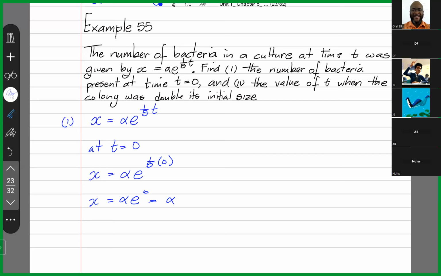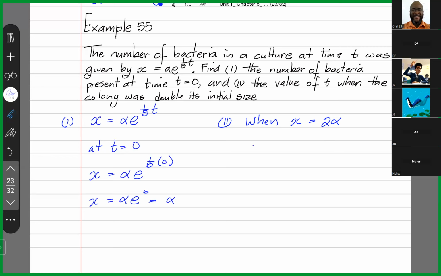Now II says the value of t when the colony has doubled its initial size. Now the initial size was alpha. So I'm going to say when x is equal to 2 alpha, that is when the culture doubles its initial value.